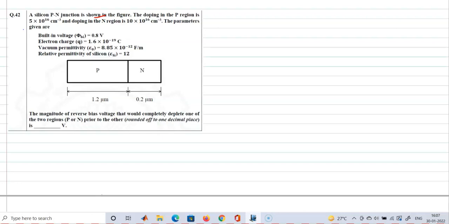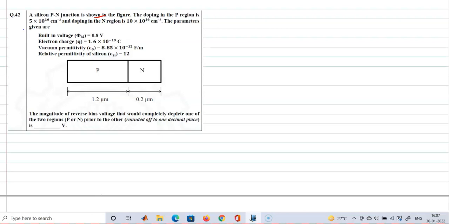The parameters are given: built-in potential 0.8 volt, electronic charge, and so on. The physical length of the P side is 1.2 micrometers, and the physical length of the N side is 0.2 micrometers. The magnitude of the reverse bias that would completely deplete one of the two regions, P or N, prior to the other, rounded up to 1 decimal place.